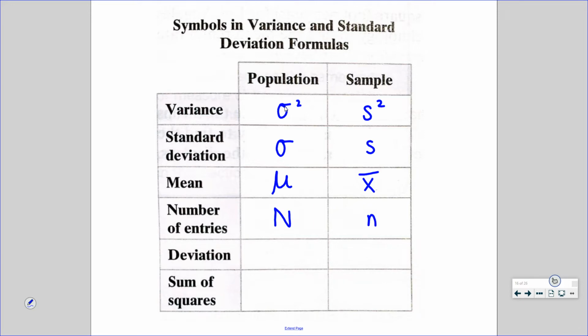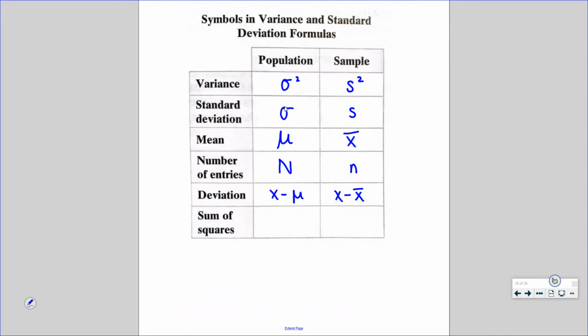Deviation is how far your data entry is from your mean, so it's going to use mu for a population and x bar for a sample. And the sum of squares just means adding up all those deviations squared, again using mu for a population and x bar for a sample.